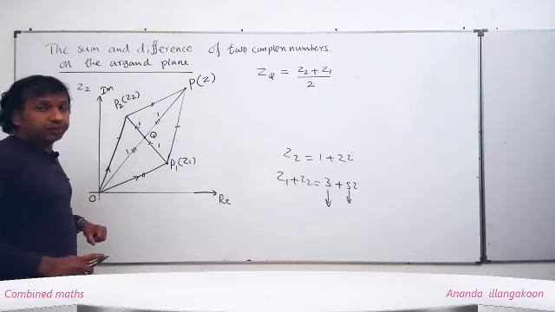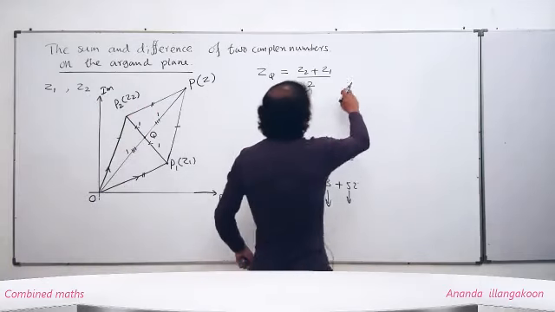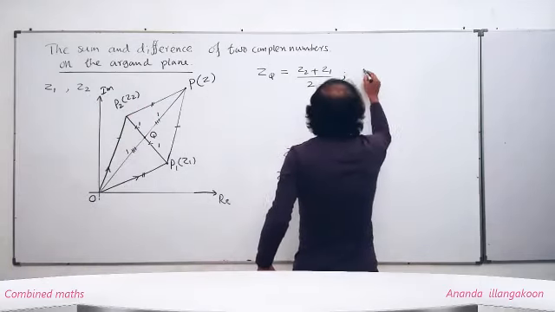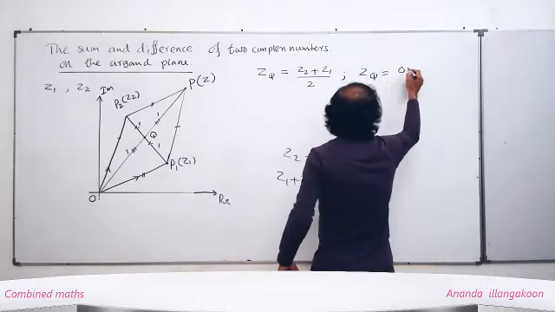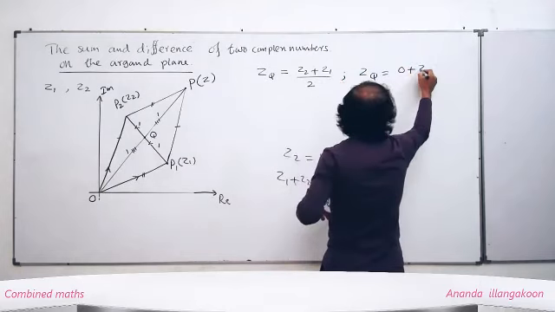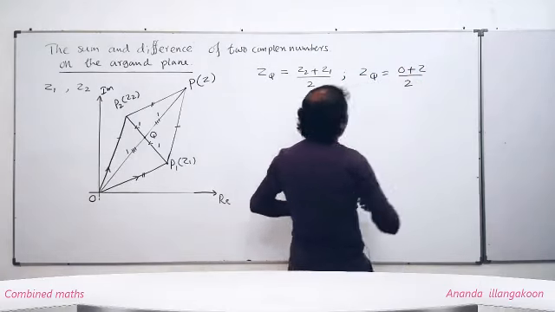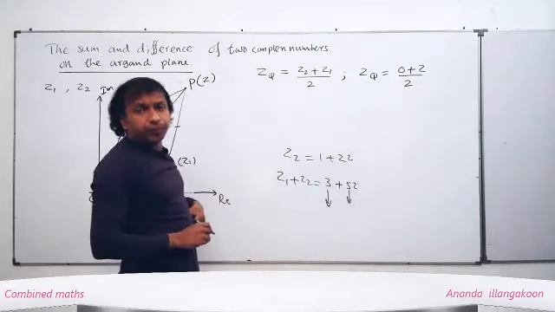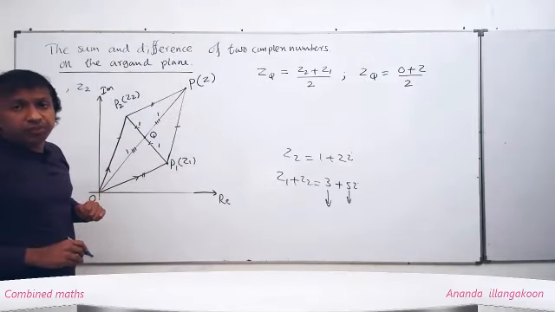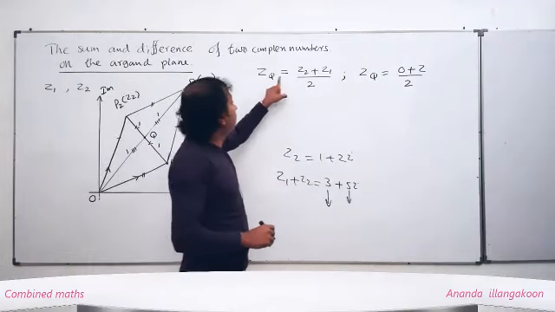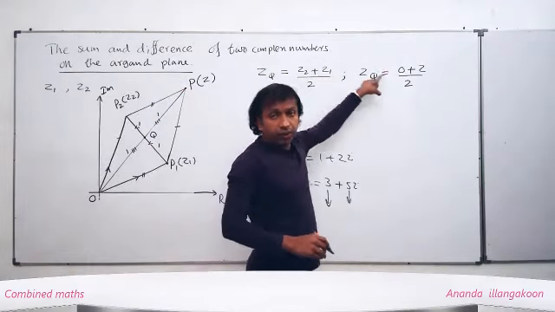Here it is Z. Then the complex number at the point Q can again be found by adding this complex number 0 plus this complex number Z and dividing by 2. Then the point Q represents the same complex number. So the left-hand sides being equal, the right-hand sides should be equal.